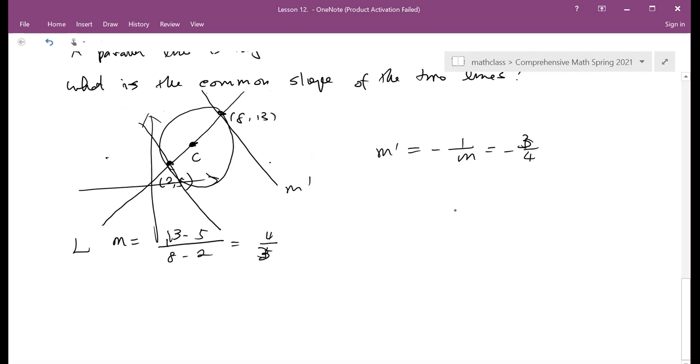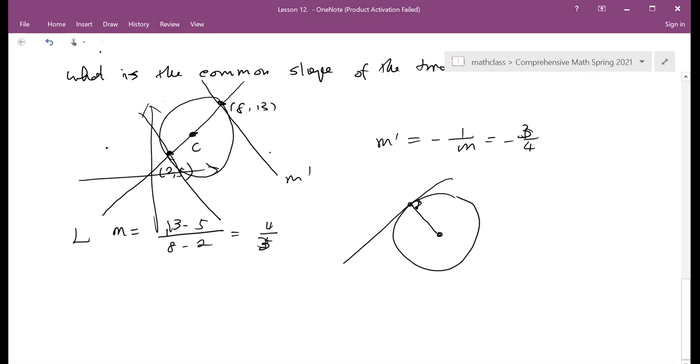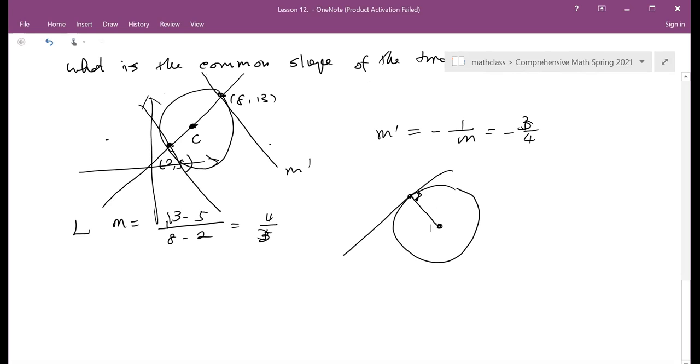All we need here are two properties. One property is that if we have a tangent line to the circle, then this tangent line is perpendicular to the line from the tangent point to the center. Then you figure out the slope of the line through the center and those two points. Then you can figure out not only the slope of those tangent lines, you can also find the equation of each tangent line. They are parallel, so they have the same slope.